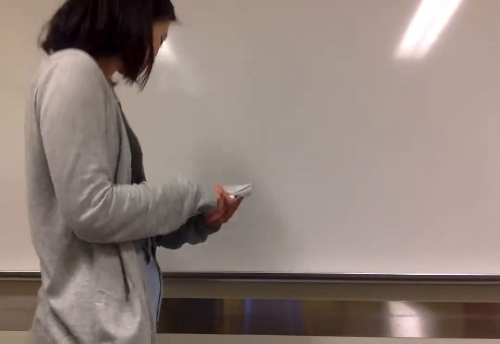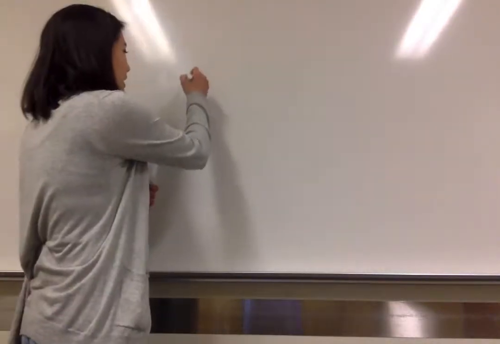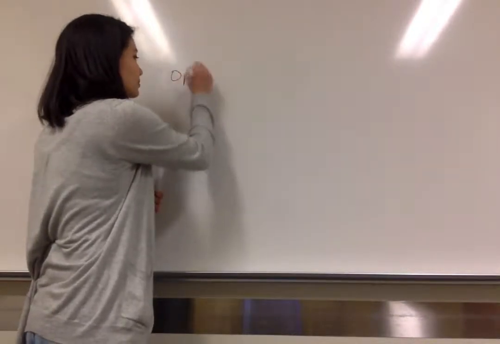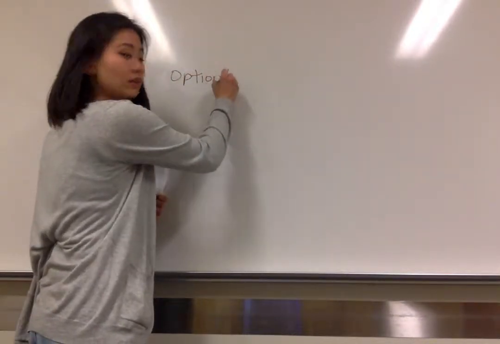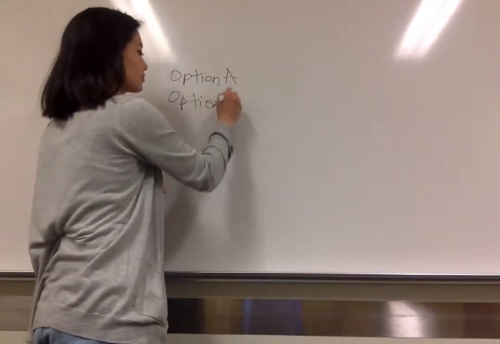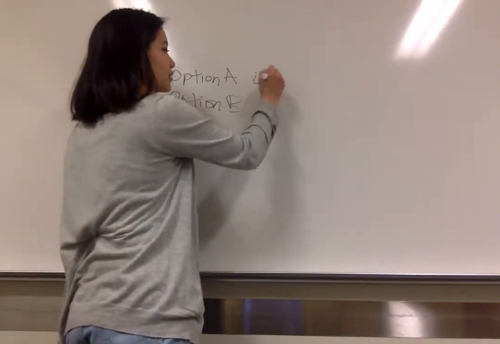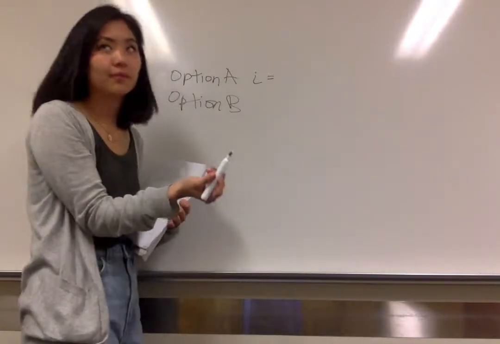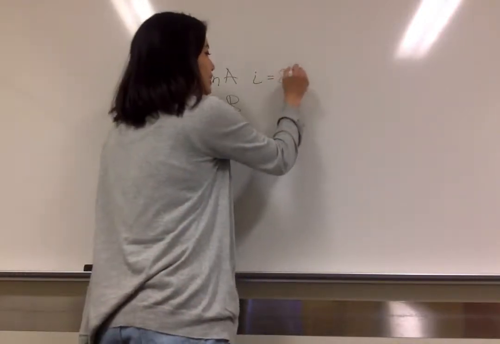So the first step is comparing each option's IRR with the MARR, which represents minimum acceptable rate of return. So let's say we have option A and option B with interest rate of, I'm just going to make up a number, let's say 8%.